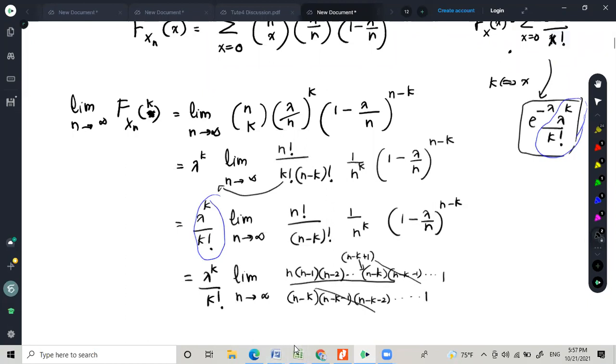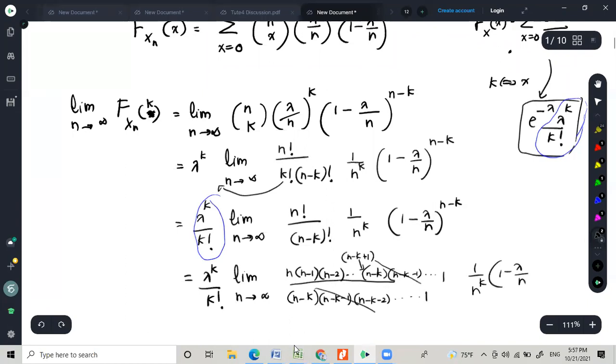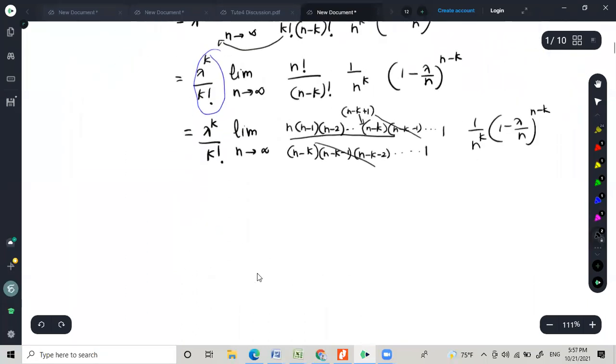And what will be the remaining? So I'll write the rest. What will be the remaining from the numerator? You'll have n times n minus 1 times n minus 2 up to n minus k plus 1.